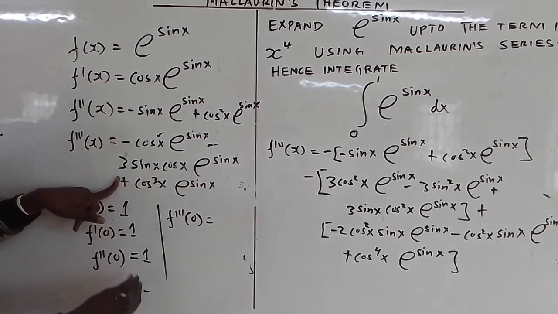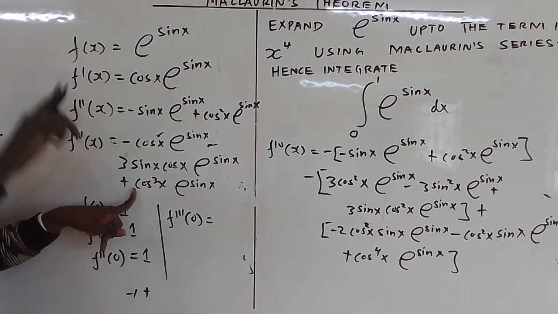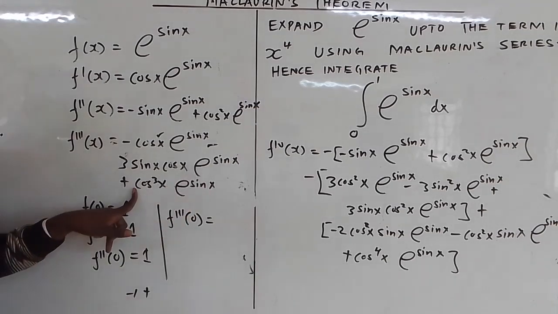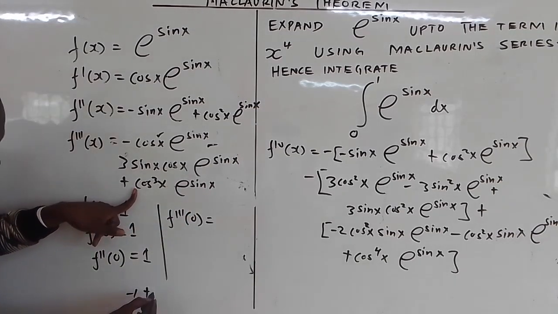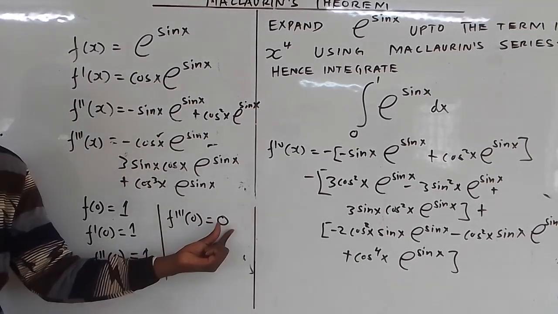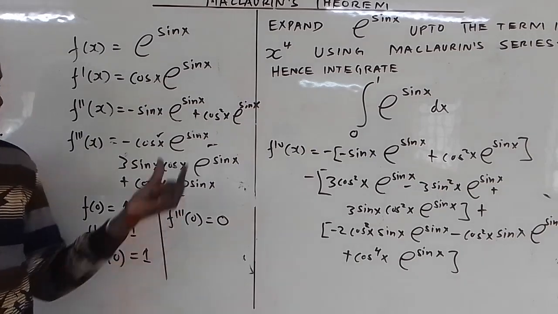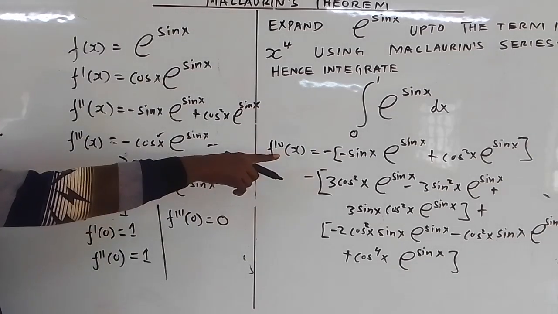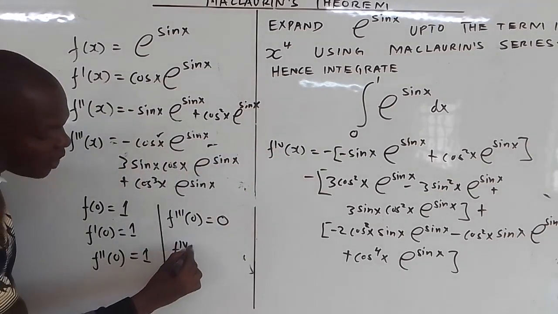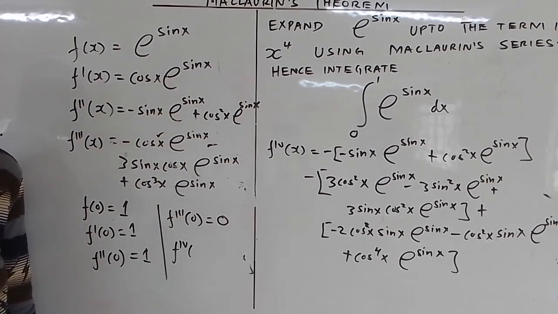Then it is plus cos, which is 1. Meaning cos 0 is 1, but 1 cubed is just 1. Exponential sine x is 1. So it is minus 1 plus 1, meaning the whole of that thing which was giving you a headache is 0. The moment you are able to get this to be 0, you don't need to waste your time looking at that. But you never know, you just check, isn't it?